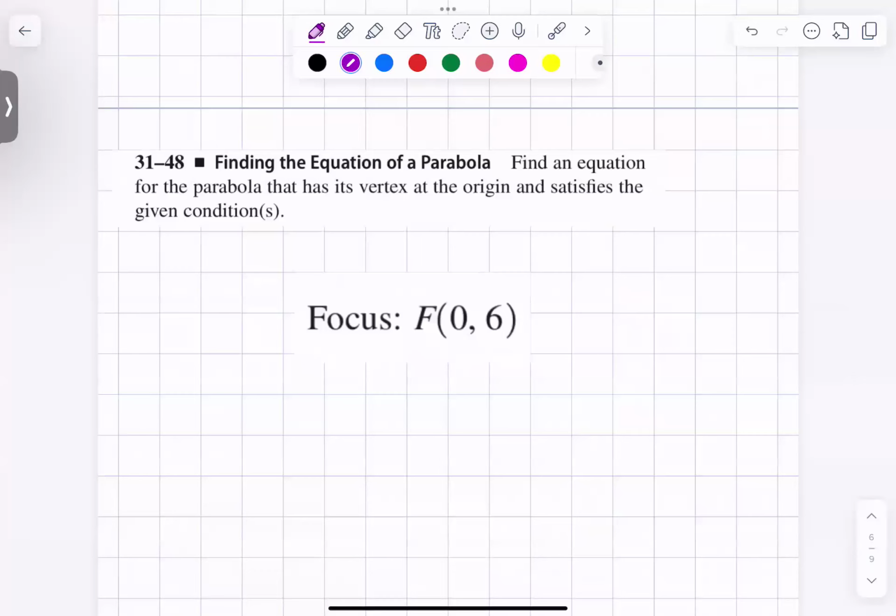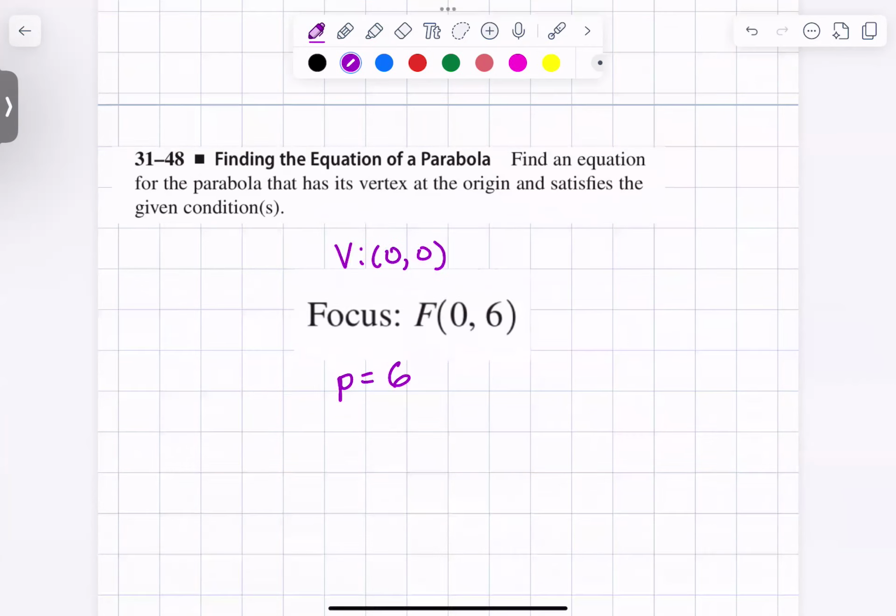Find an equation for the parabola that has the vertex at the origin. So here my vertex is 0, 0 and satisfies the given condition of the focus being at 0, 6. Okay. So what's my p-value if my focus is at 0, 6? 6, right? Is it facing upward, downward, left, or right?